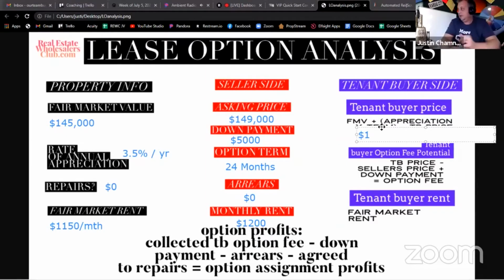That's right. Okay, so $155,150. That is the tenant buyer price. That's what we can market this for reasonably based on appreciation, future appreciation.